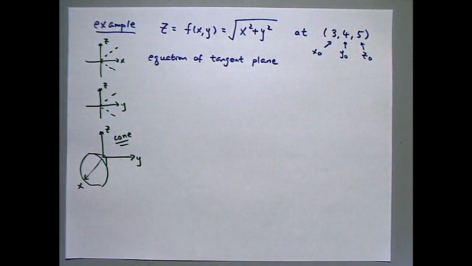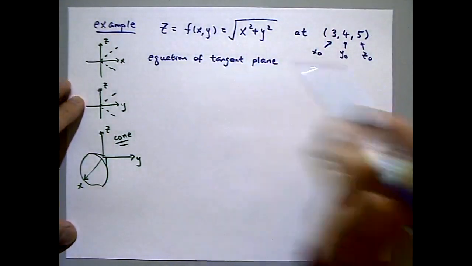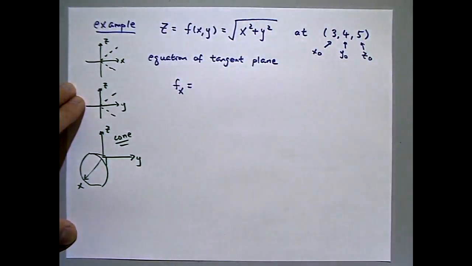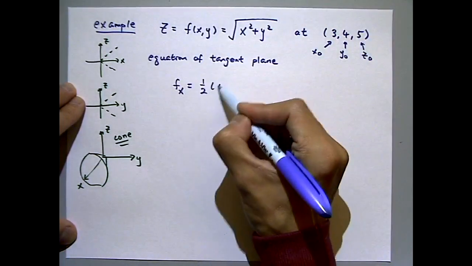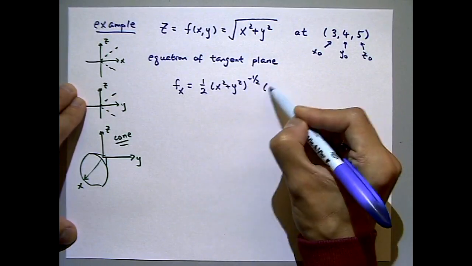All right, so anyway, let's find the tangent plane at this particular point. So let's find the partials. Fx should be pretty easy to do. One half times x squared plus y squared to the minus one half, times 2x.